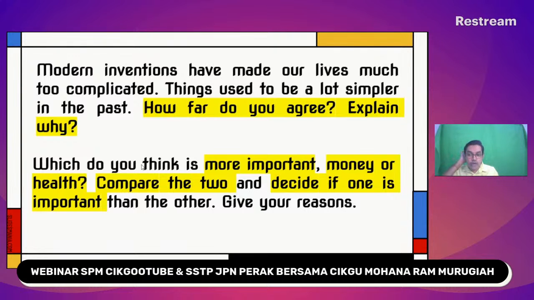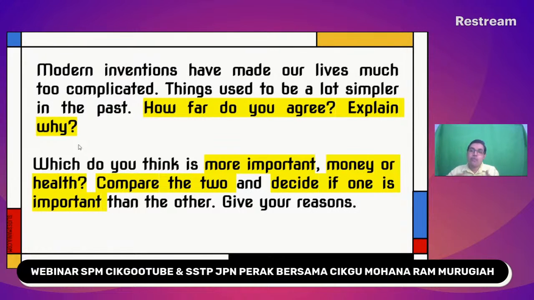Okay, for factual writing, most of the time you use simple present tense. For narrative, most of the time you use past tense. For example, you see, modern inventions have made our lives much too complicated. Things used to be a lot simpler in the past. So for this essay, when you describe things that happened in the past, definitely you have to use past tense.